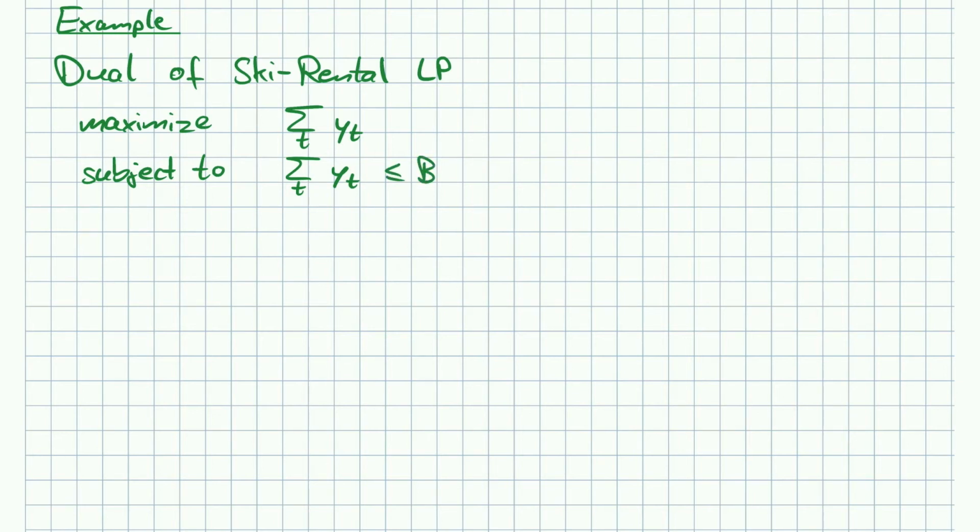Well, on the one hand we have this dual constraint for the buy option, which means that the y_t shouldn't sum up to more than b. And on the other hand, these y_t should be no more than 1 for all t. And all of them should be non-negative.